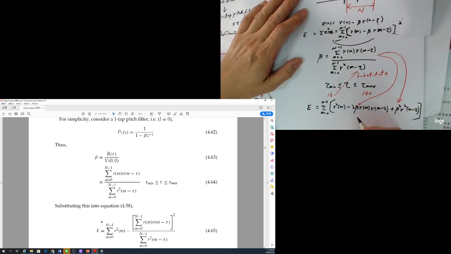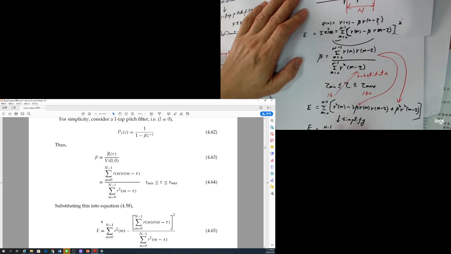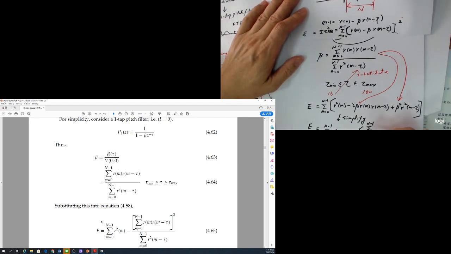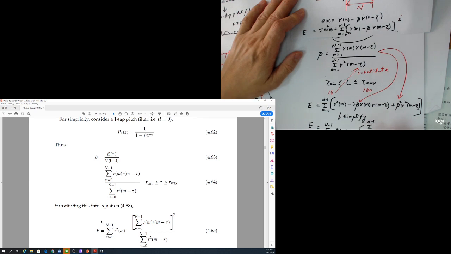After derivation, after you simplify, you can get an equation like a summation n equal to 0 to N minus 1, r squared m, minus the summation n equal to 0 to N minus 1, r of m minus tau, squared.